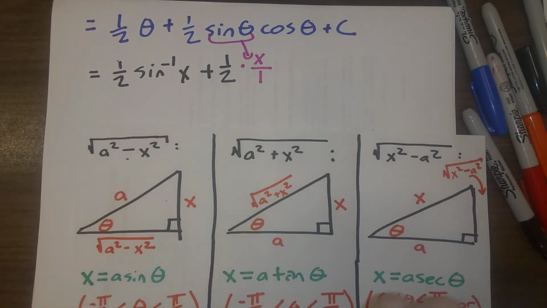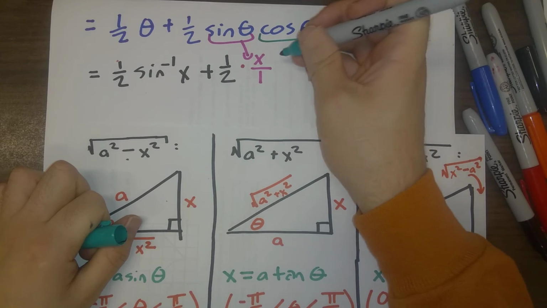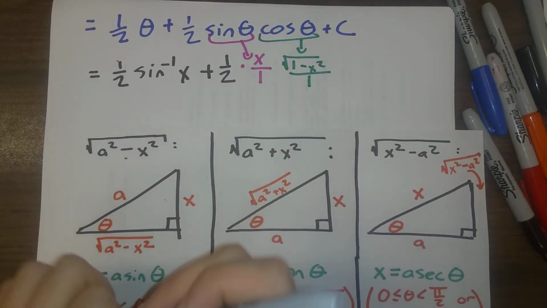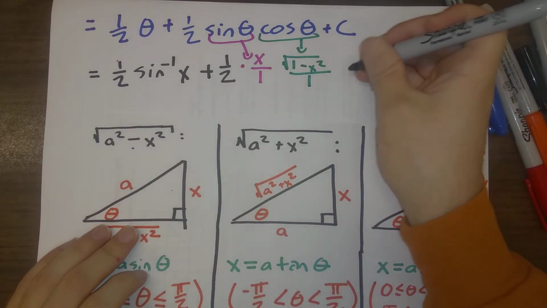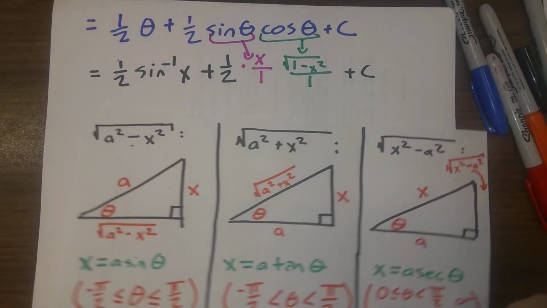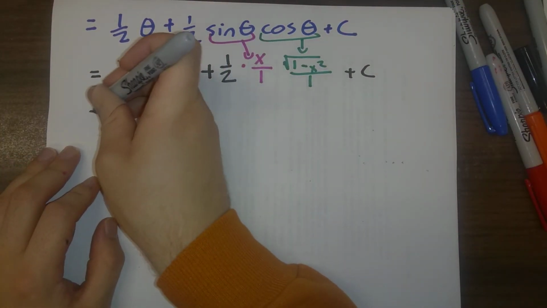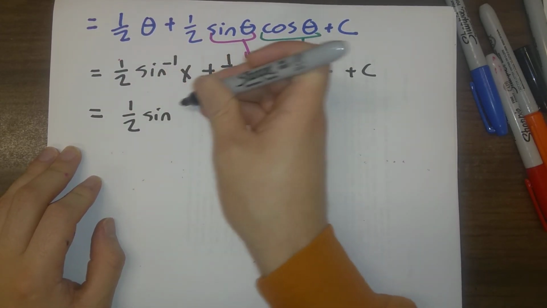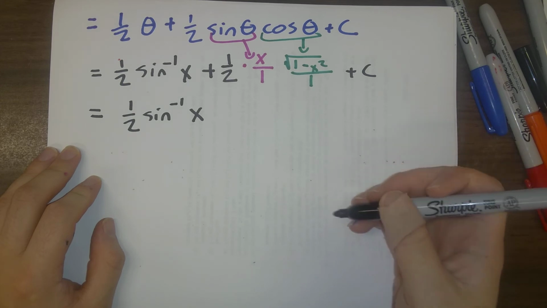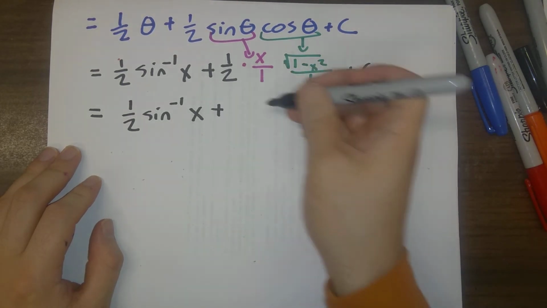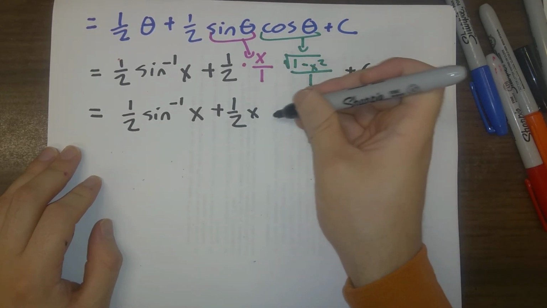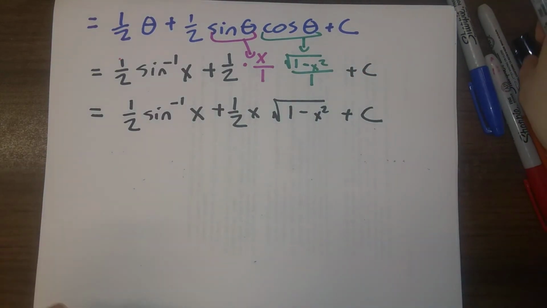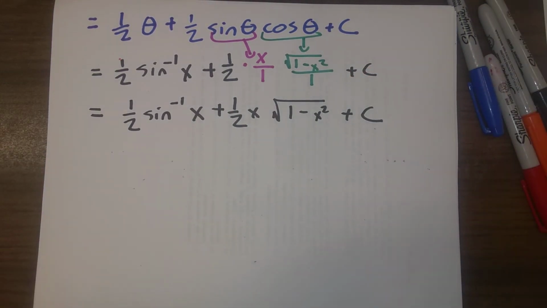And so that is going to be square root of 1 minus x squared over 1, and then plus c. So here's our answer. It is now entirely in terms of x's, no more thetas here. So this will be our final answer. So let me just get rid of all the dividing by ones, make it slightly nicer. So here is our final answer.